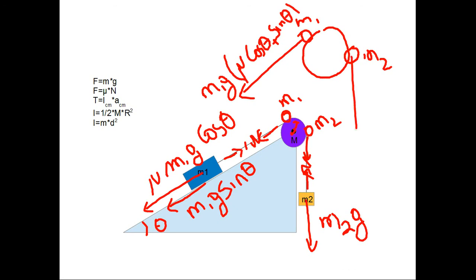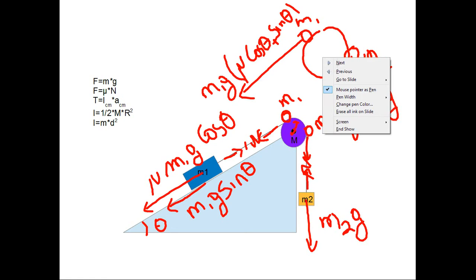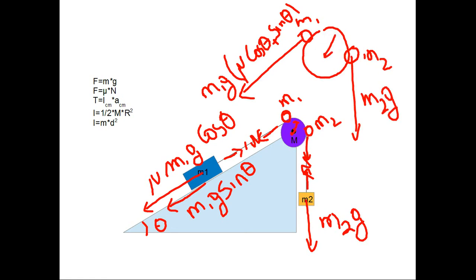And here it is m2 g, and we have here the radius r. So this is an equivalent system, or a model, that we're going to use to find the acceleration of the system. That's all we need. Let's go to the next slide.